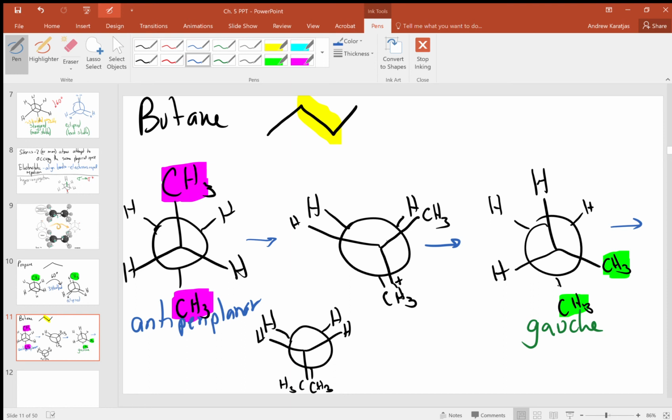And so the closer we put large groups together, such as the methyl groups, the worse it's going to be. So down at the bottom, when the two methyl groups are eclipsed with each other, this is our syn-periplanar, or our least stable conformation for butane.